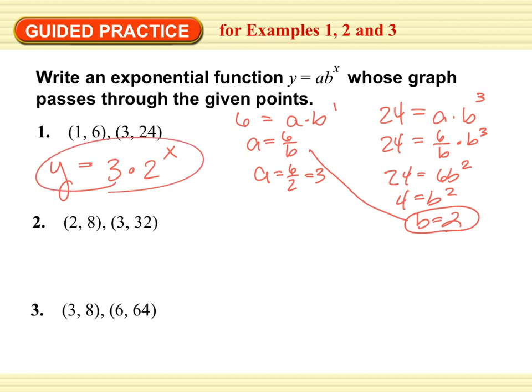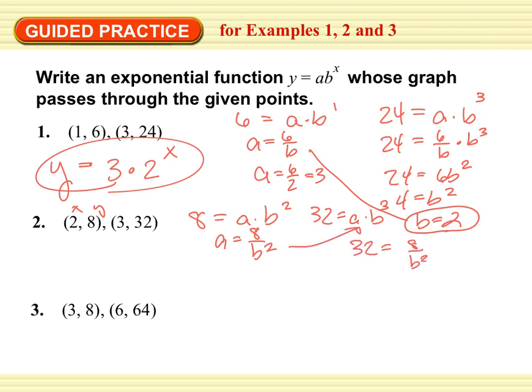Okay, I'm going to try one more. 8 equals a times b to the second, and 32 equals a times b to the third. a equals 8 over b squared, which goes in here. 32 equals 8 over b squared times b cubed.